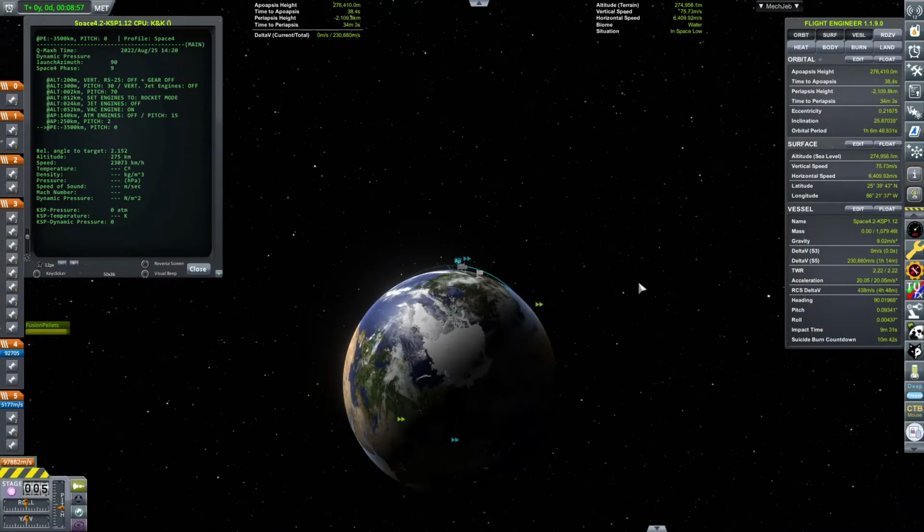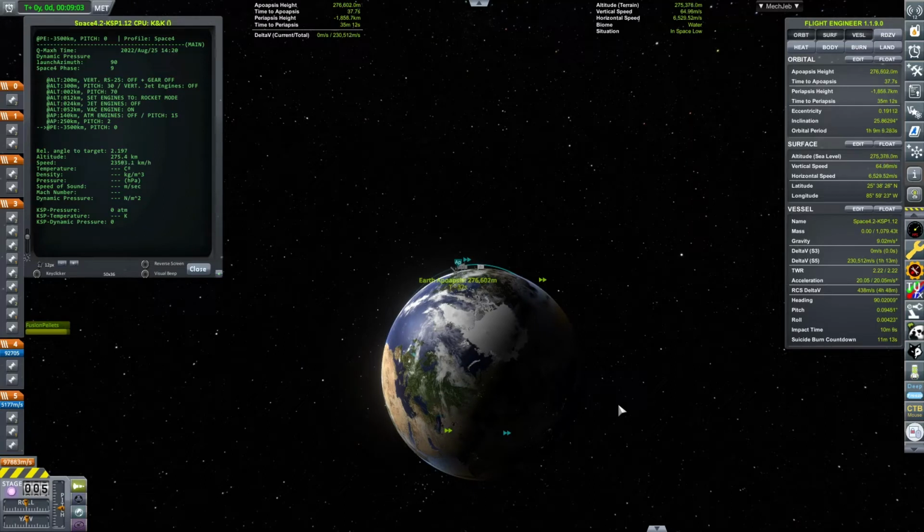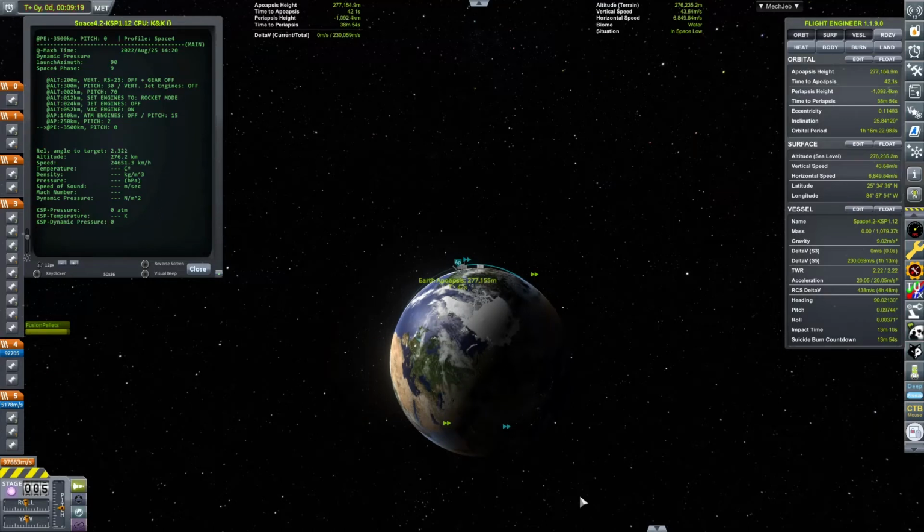If you see here, you can see very nicely our apoapsis, and as soon as the periapsis height gets a value bigger than 0, so basically a non-negative value, we'll start to go to orbital flight.